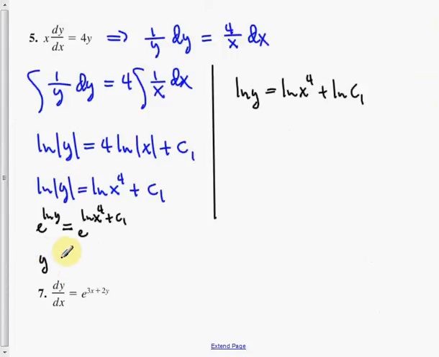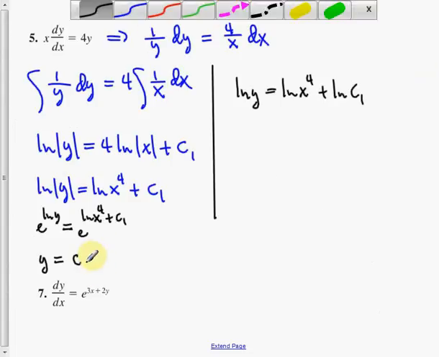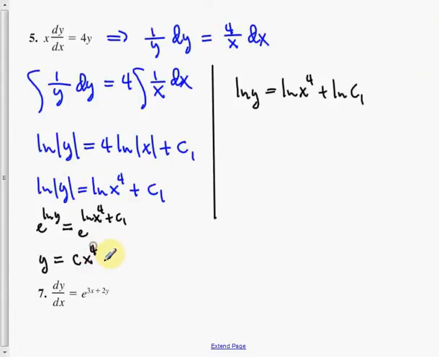So here we get y is equal to c times e to the natural log of x to the 4th, which is just x to the 4th, where c is equal to e to the c sub 1. Okay. So this is our answer.